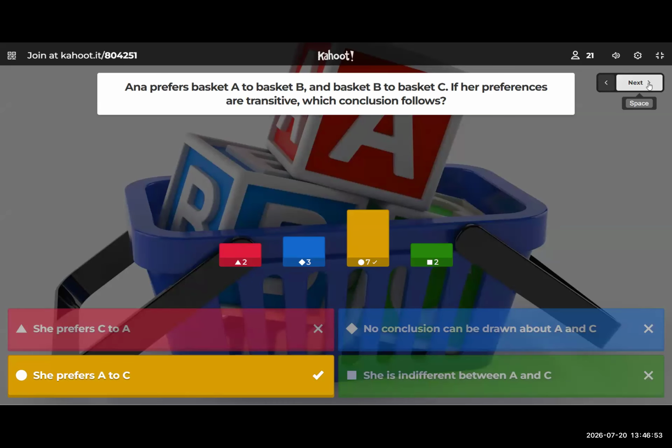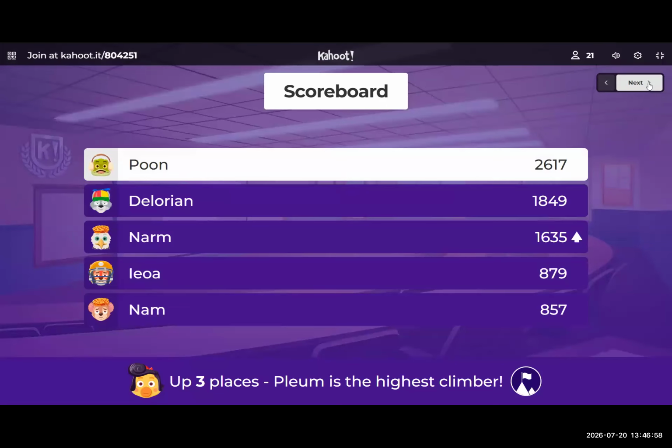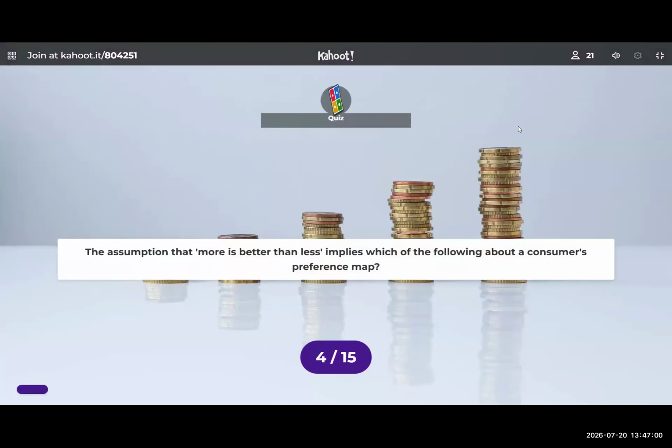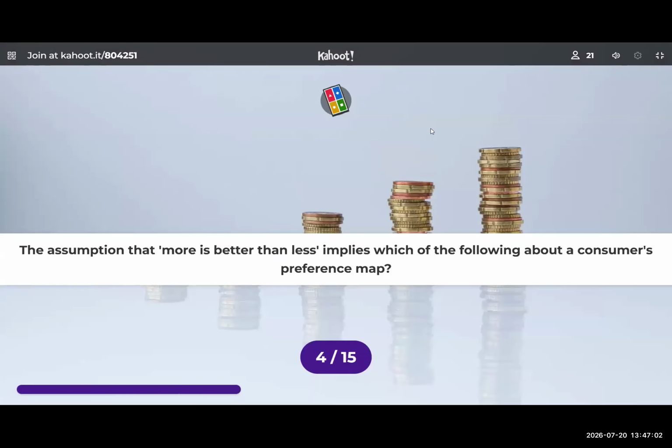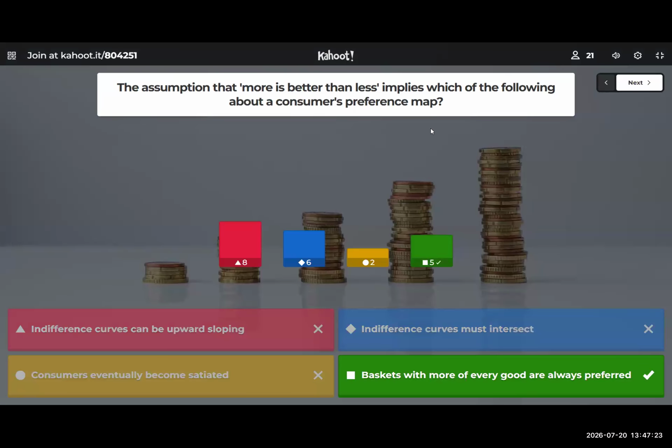Everyone choose the answer. You have to pick one.